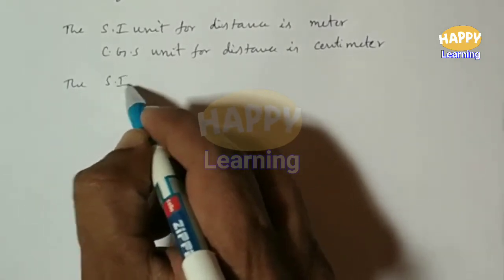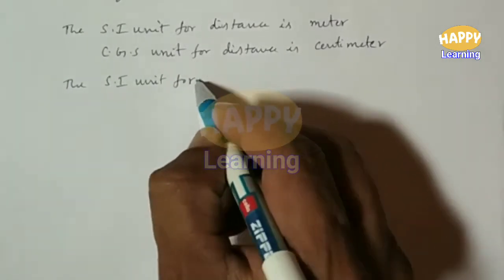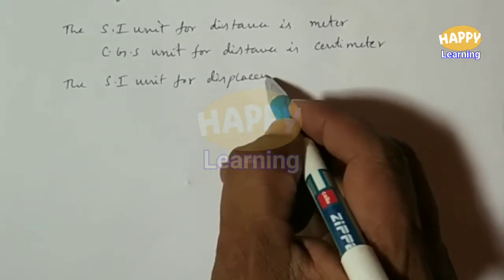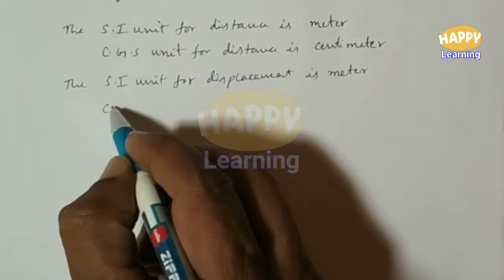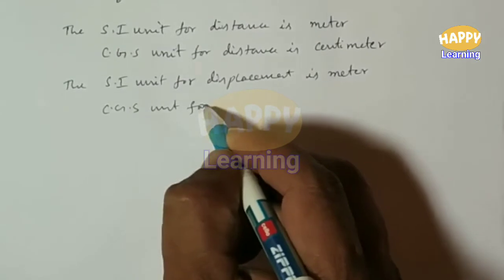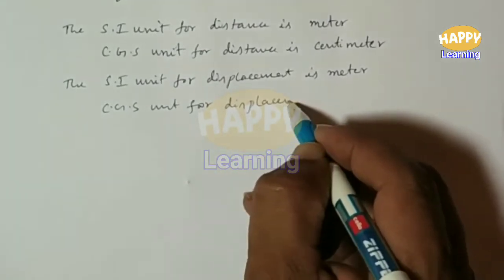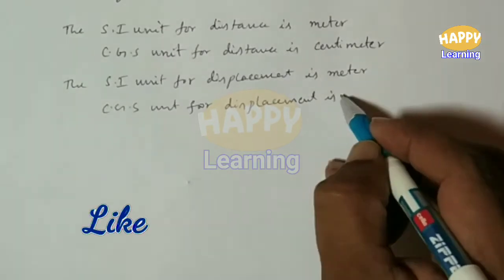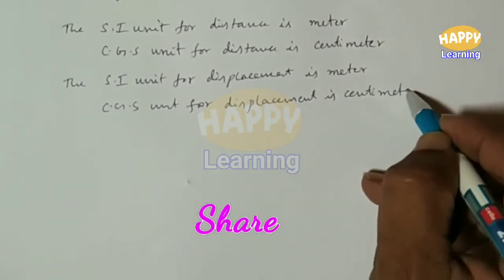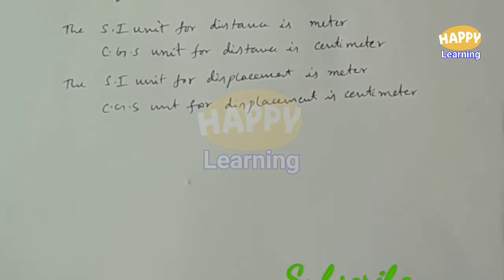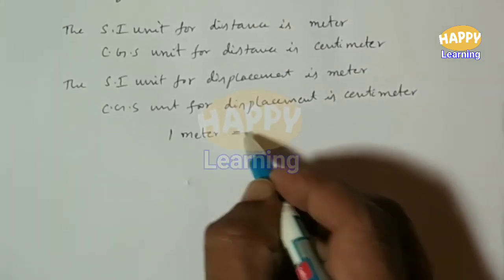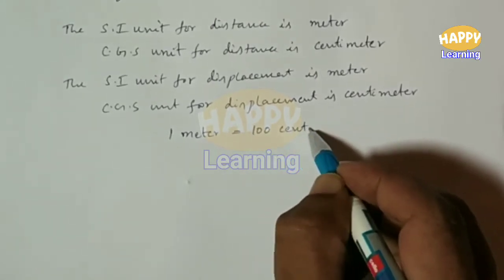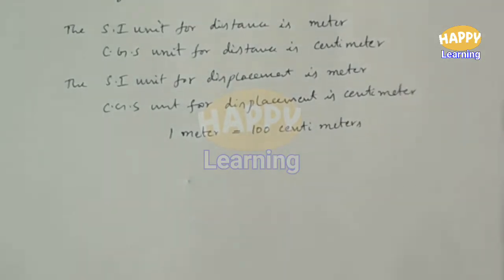The SI unit for displacement is meter, and the CGS unit for displacement is centimeter. So the SI unit is meter for both distance and displacement and the CGS unit is centimeter for both. And 1 meter is equal to 100 centimeters. You know this relation.